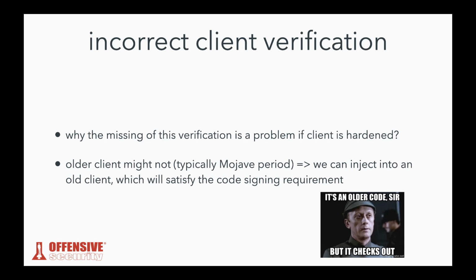It was introduced in Mojave, so we can easily find an older version of the client which is vulnerable to injection. We can take the old client, inject into it, which will satisfy the code signing requirements, and again we can talk to the helper tool.